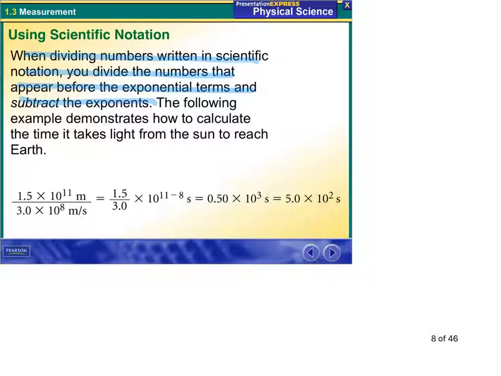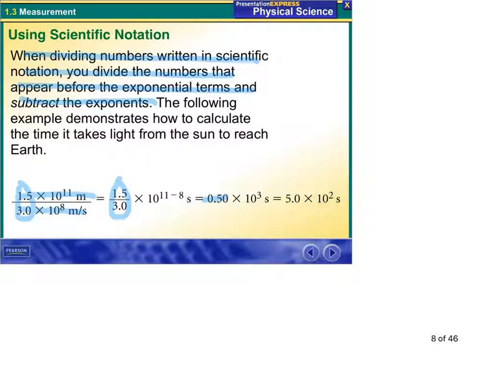So here we're going to figure out how long it takes light to get from the sun to the earth. We take the distance, 1.5 times 10 to the 11th meters, and divide it by the speed of light, 3.0 times 10 to the 8th meters per second. We divide the numbers, 1.5 by 3.0, and get 0.5.